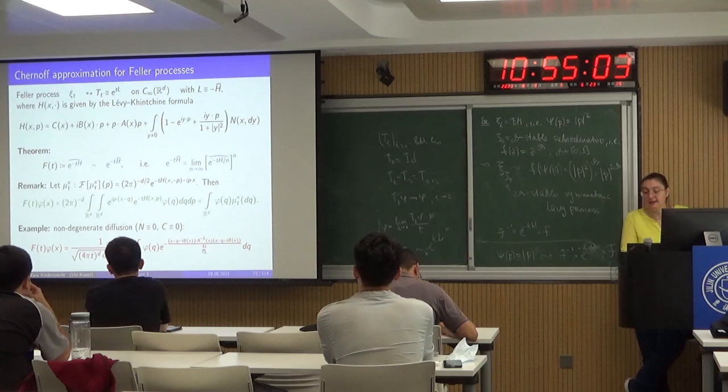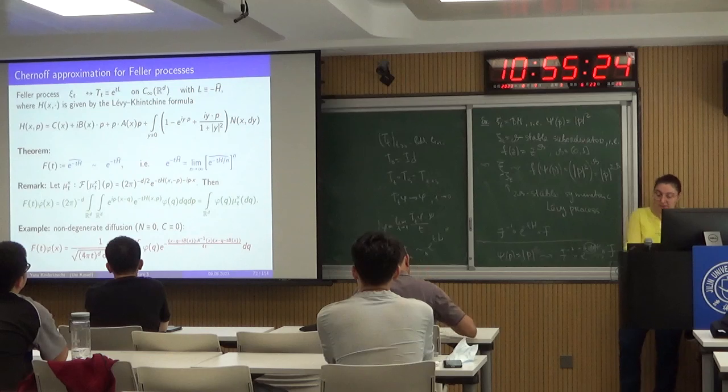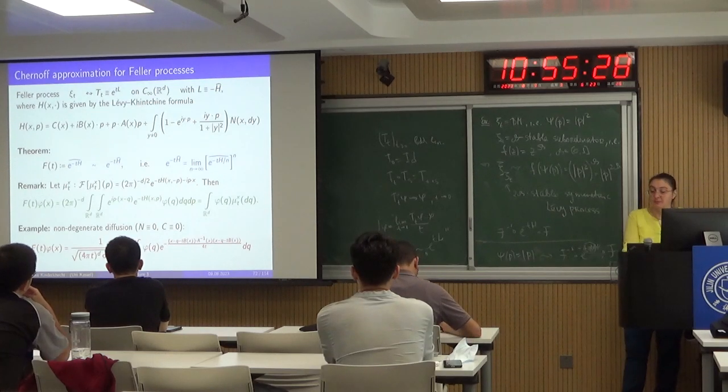So if my A and B would be constant, then here would be just the semigroup which corresponds to the corresponding Levy process. But since my A and B coefficients are not constants, they depend on x, this family of operators is not a semigroup. But we have already proved that this family of operators provides Chernoff approximations for the semigroup generated by this diffusion process.